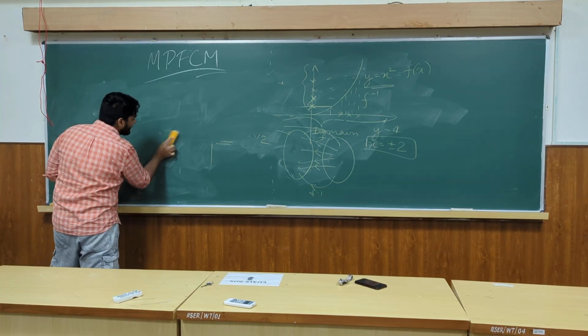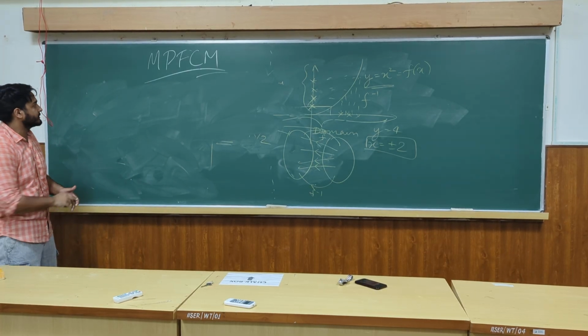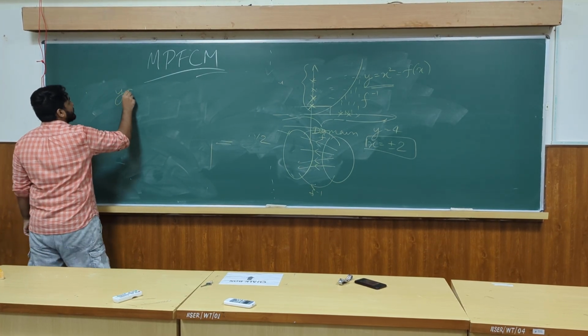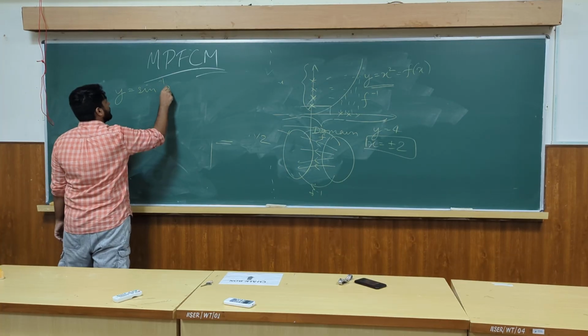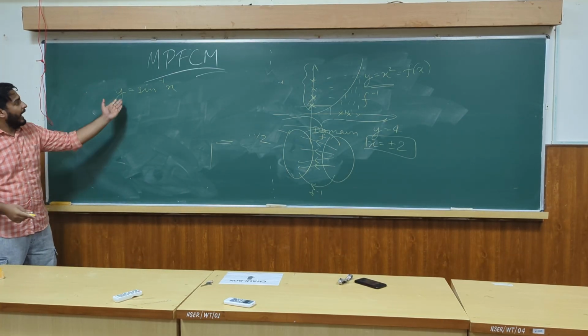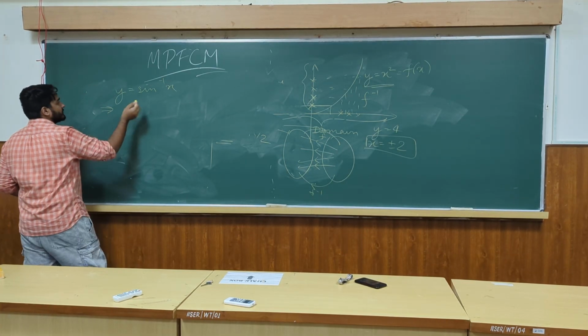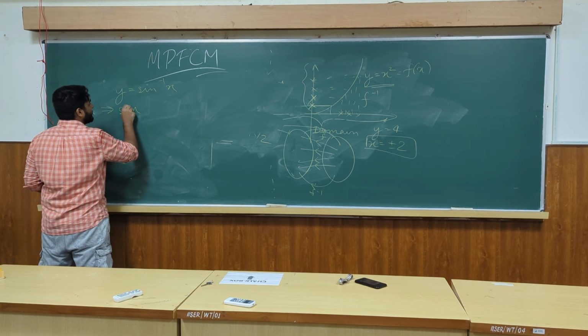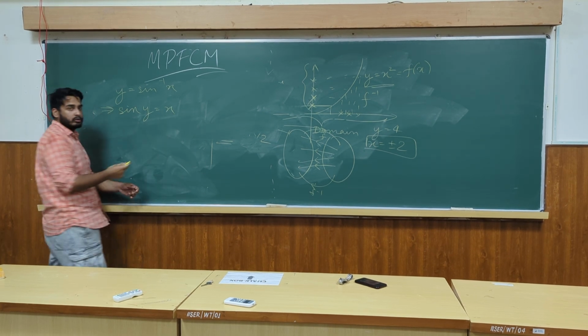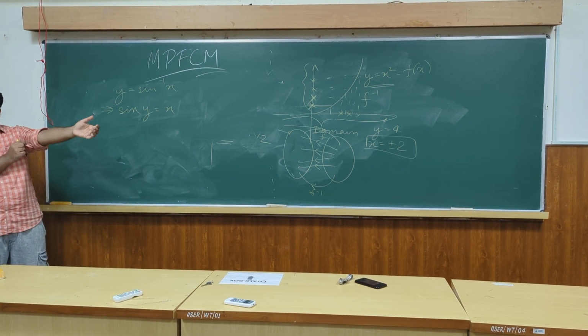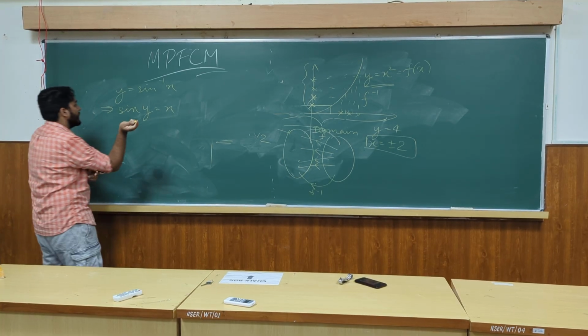So in order to get the derivative of sine inverse x, we consider y equals sine inverse x, and then using the identity of the inverse function, we claim that sine y is equal to x, and then we differentiate both sides with respect to x.